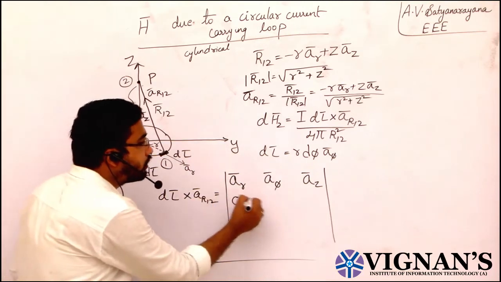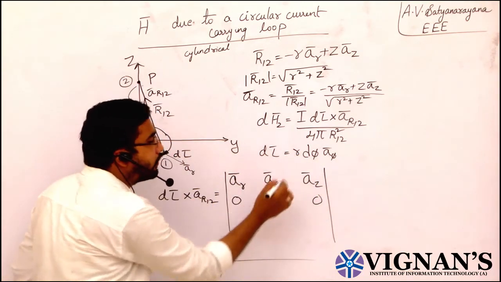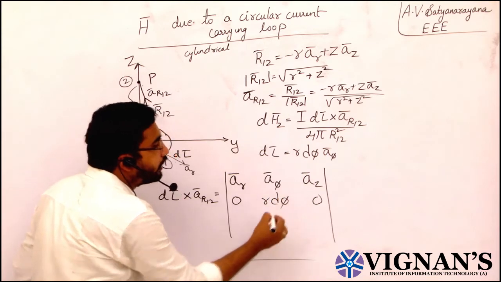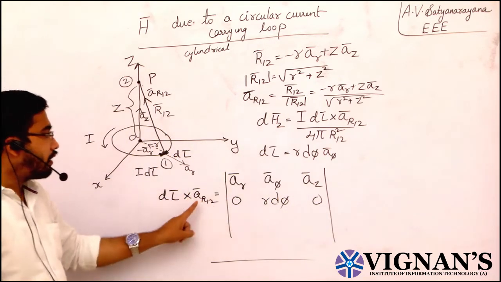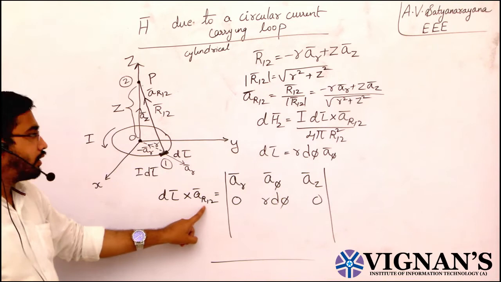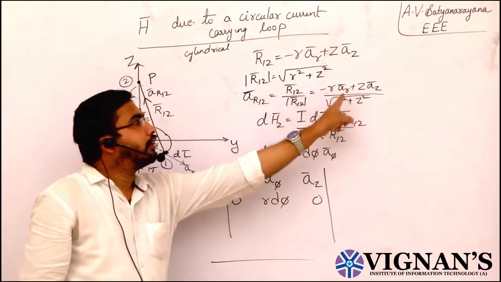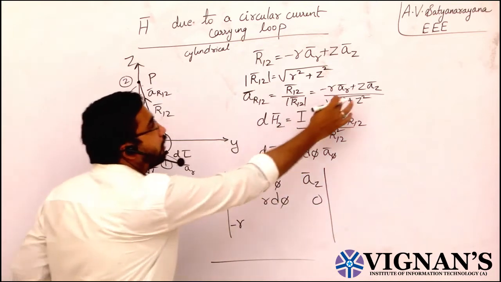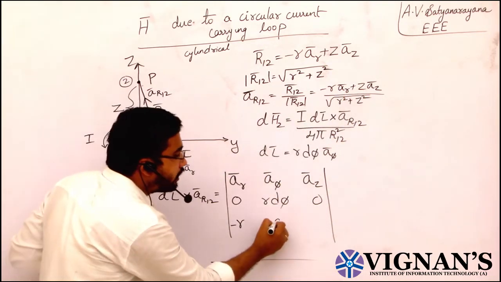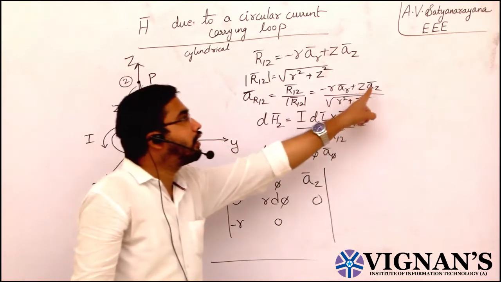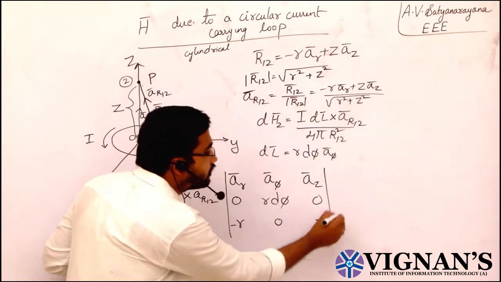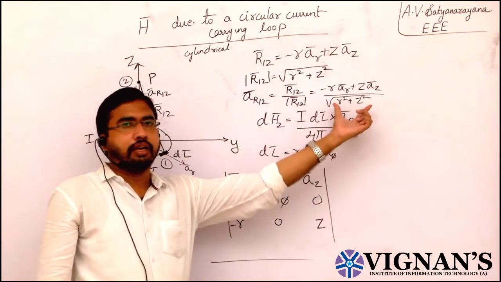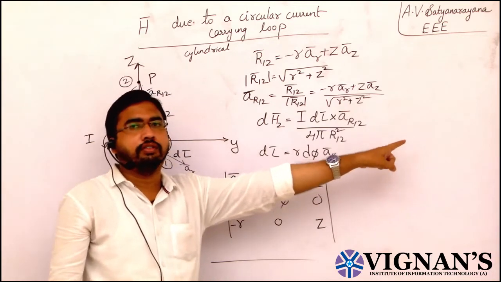Remaining two are zeros. What is the a phi coefficient? r d phi. Similarly, what is the other one? ar12. Here the r component is there, so minus r. Phi component is not there, keep it as 0. And what is the z component here? Simply z. Leave the denominator, later we can substitute the denominator for our simplification.